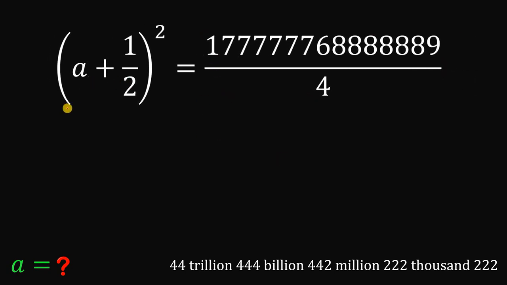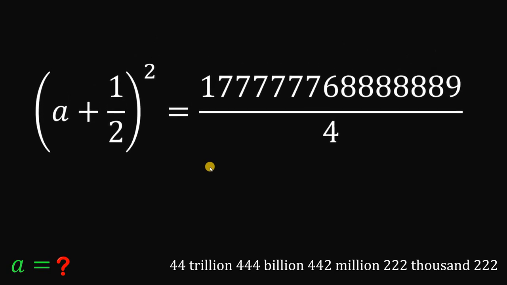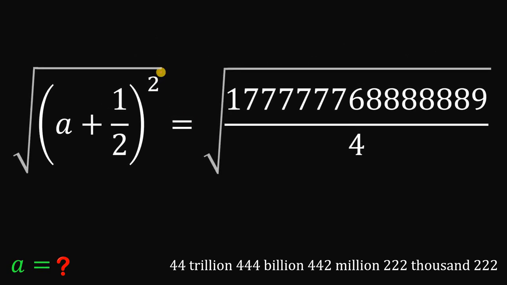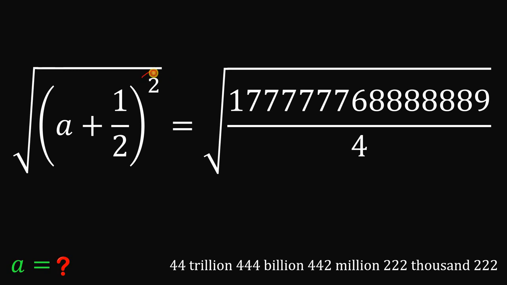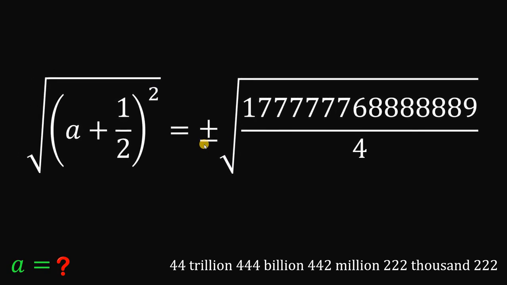Alright, now what we're going to do here is we want to find the value of a, of course. So let's get the square root on both sides. And since we have an even power, we have two possible values here. We have positive or negative. Now, the left hand side of our equation is simply equal to a plus 1/2.